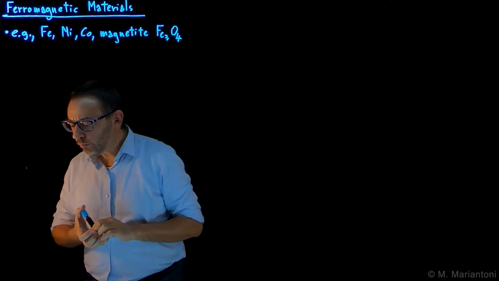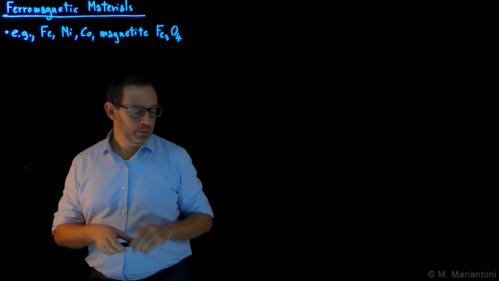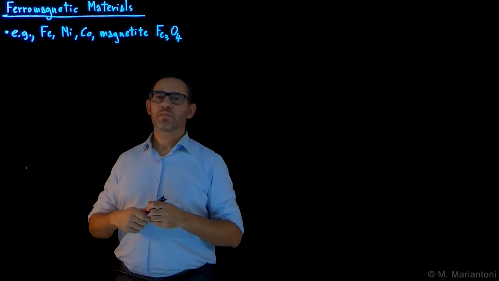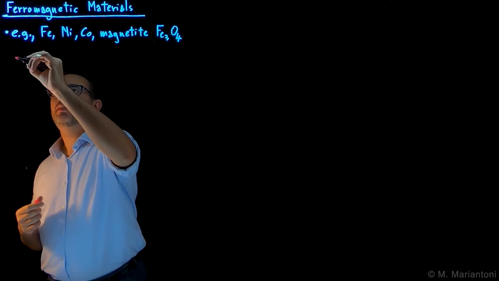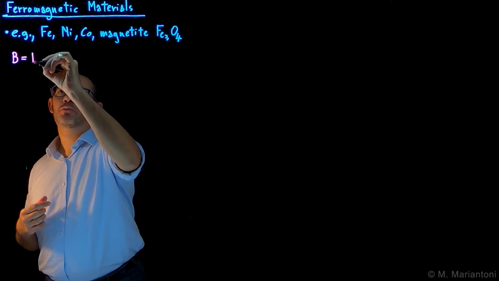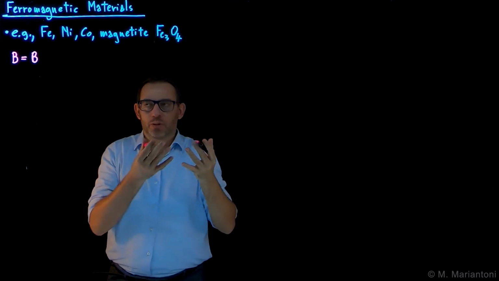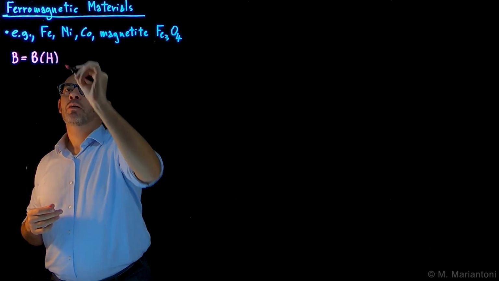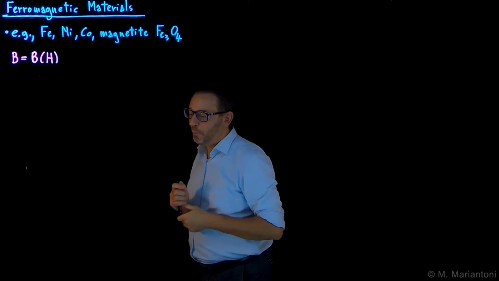Now, what we intend to describe qualitatively in this video is the functional dependence of the magnitude of B, by means of a function which we just call B itself, for simplicity, of H. So B of H means it's a generic function of H, and we want to study empirically this function.